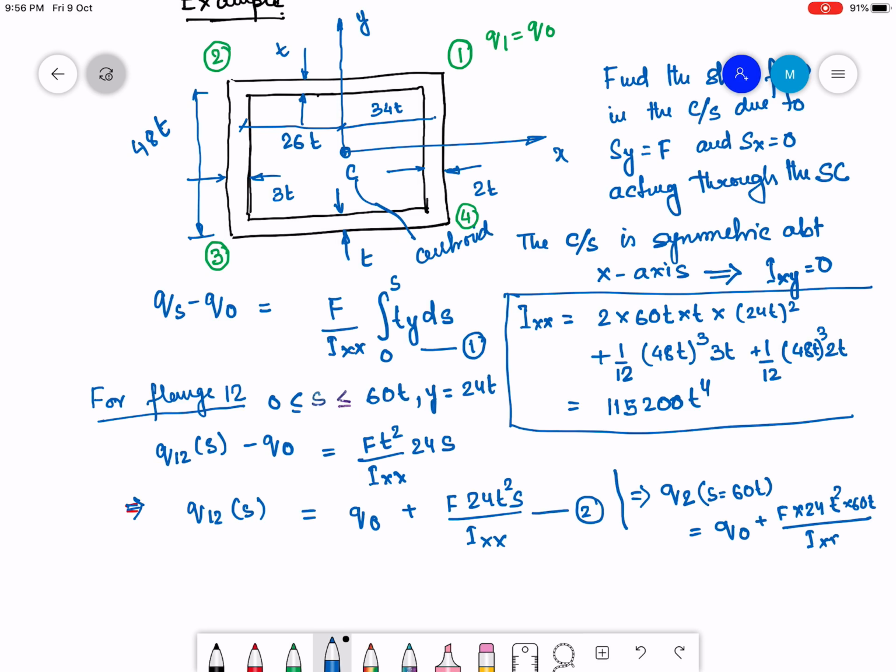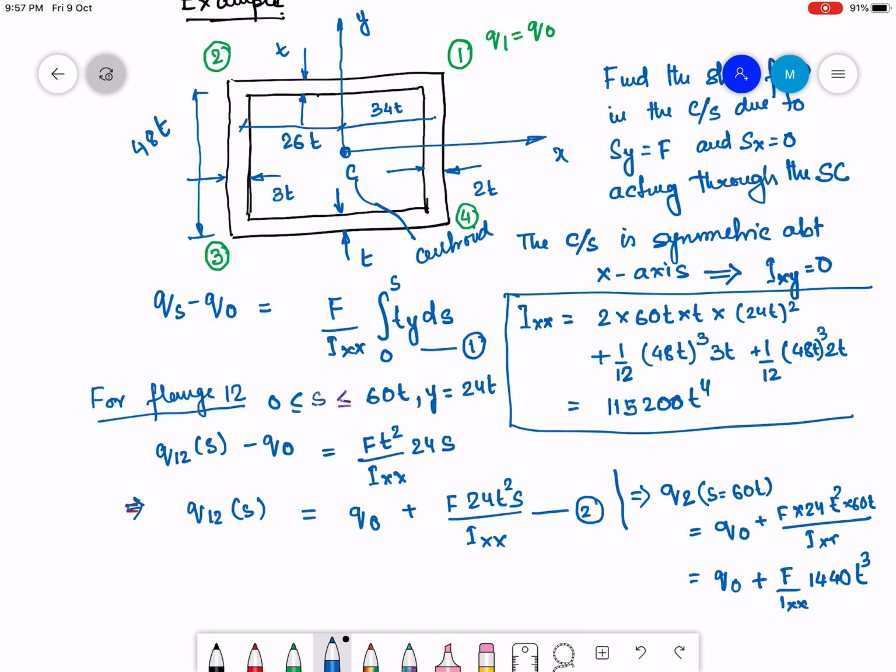If I evaluate that, that is going to be q0 plus 1440 t cubed, plus f by Ixx into 1440 into t cubed. Okay, so I get the value of q2 and q12s.